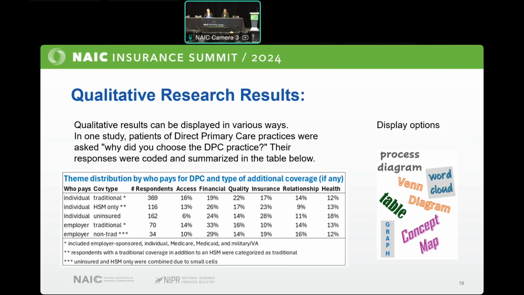You could do some qualitative research and just talk to people about what the process is, where it is breaking down, and you could do this sort of qualitative analysis with that kind of data, and it might come back that it is best to display the results as a process diagram or some kind of flow chart or something like that. So this is just one example of what can come from a qualitative analysis.